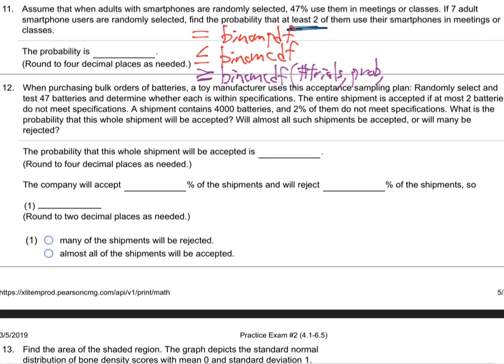It's called the X, the exact X number. Then you take that answer and go 1 minus answer. Wait, is that right? Yep.